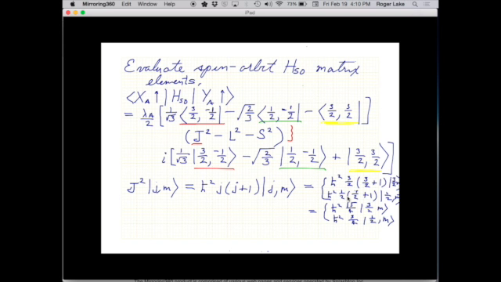The L squared and the S squared always give me 2 and 3/4, because L for every one of these states is 1, S is 1/2. So what I get from the L squared and the S squared term never varies. It's only the J squared term, which depends on the value of J, whether it's a 3/2 or a 1/2 state.